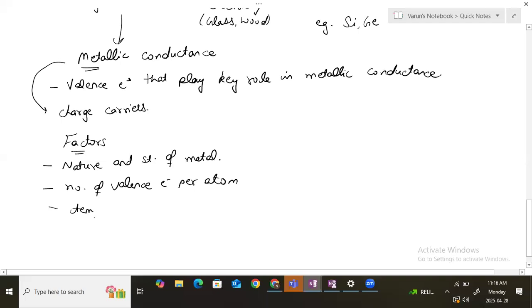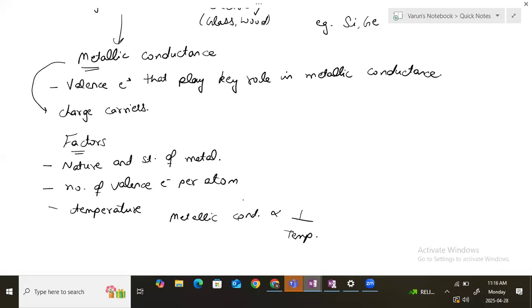And its last factor is temperature. Metallic conductance is inversely proportional to temperature. Because at low temperature, if I say I have 5 valence electrons that are responsible for metallic conductance, they are moving to and fro in the matter, free to move.